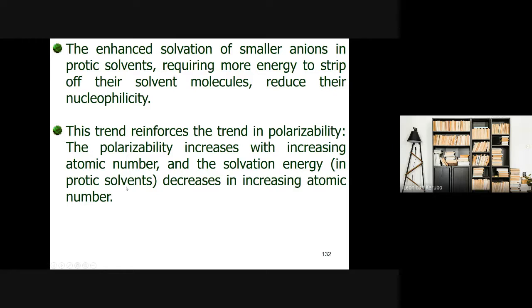So we've said the larger ions like iodide usually don't get too much solvated. So the energy which will be used to strip off the protic solvent molecules will be less as compared to when the ion is small. So that's why the solvation energy decreases with increasing atomic number.